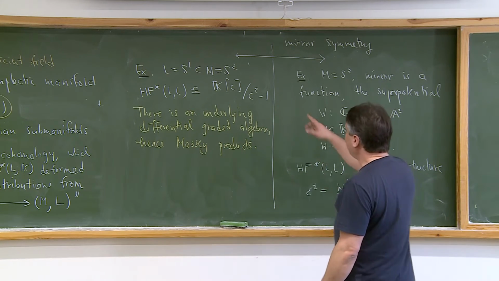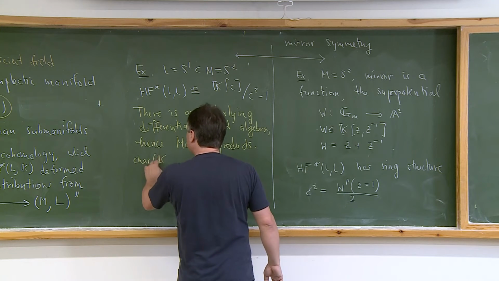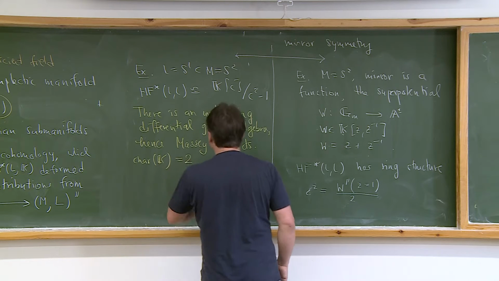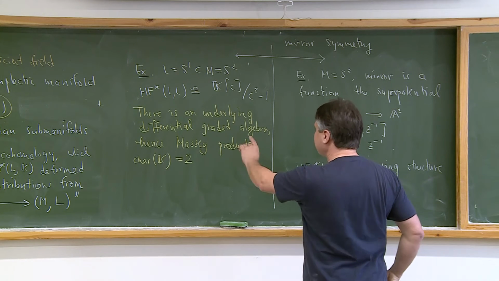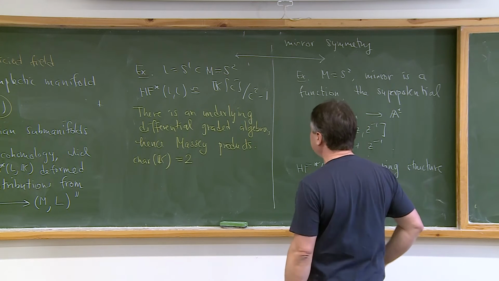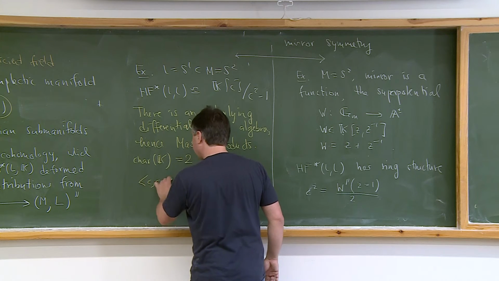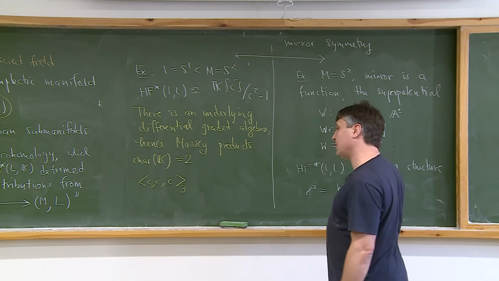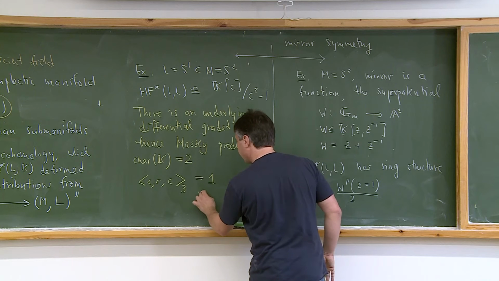If I assume that the characteristic of A is equal to 2, which makes these sometimes ambiguously defined, in that case the one that I'm going to write down is uniquely defined. So this is a third Massey product. Traditionally, they've written it like this, and this is actually non-trivial.